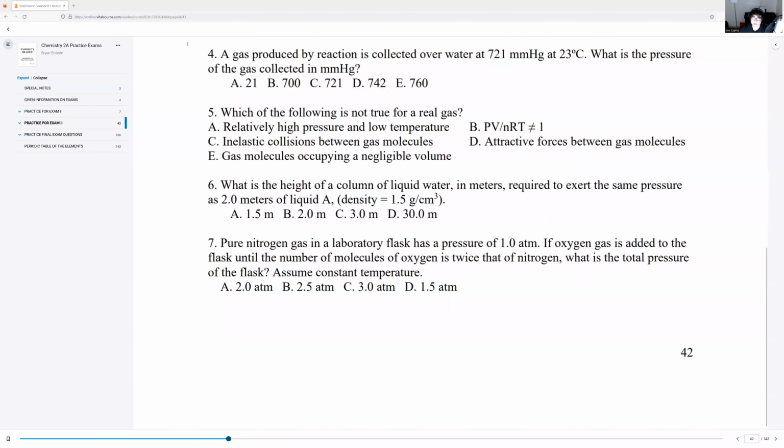6, it says, what is the height of a column of liquid water in meters required to exert the same pressure as 2 meters of liquid A with this density? Okay, so if you have a column, you know that the pressure is going to be equal to rho g h. Oops, we don't use rho in this class.